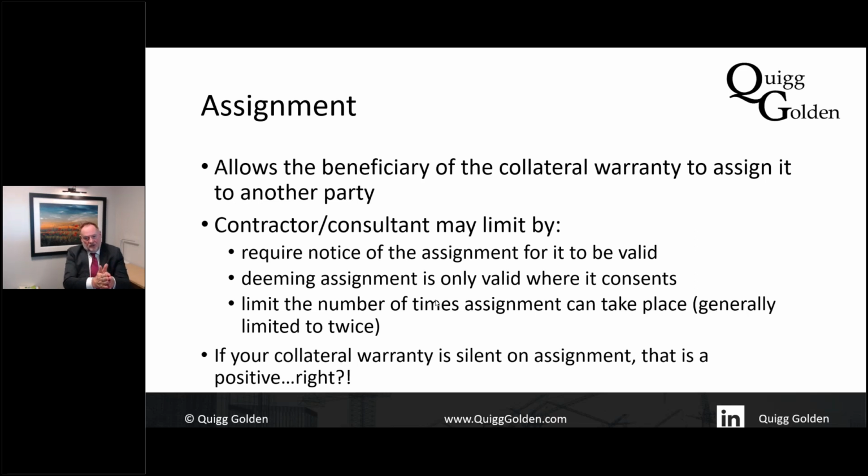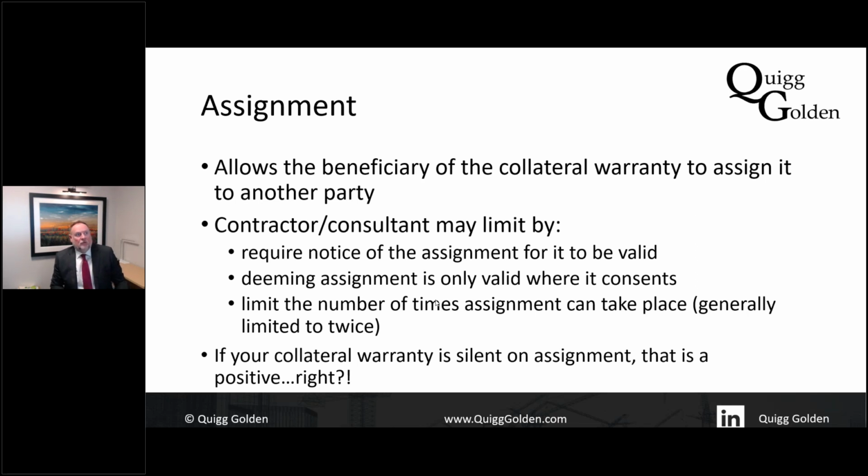So it's important that the beneficiary assigns the warranty over to another party. And quite often the clauses in the warranty will limit the number of times it can be assigned, or some other provision saying any assignment has to be given notice of in writing for it to be valid.